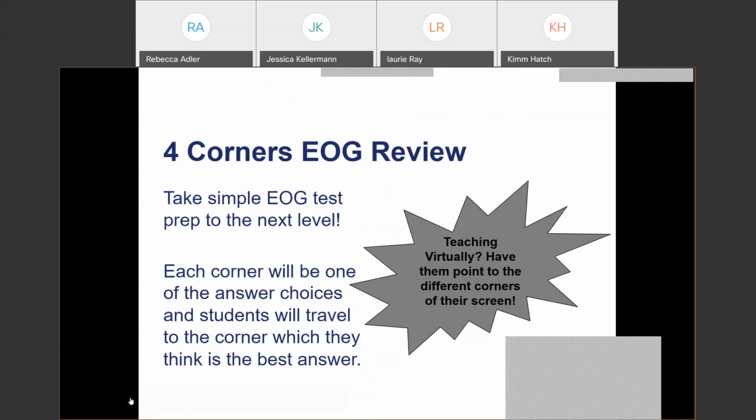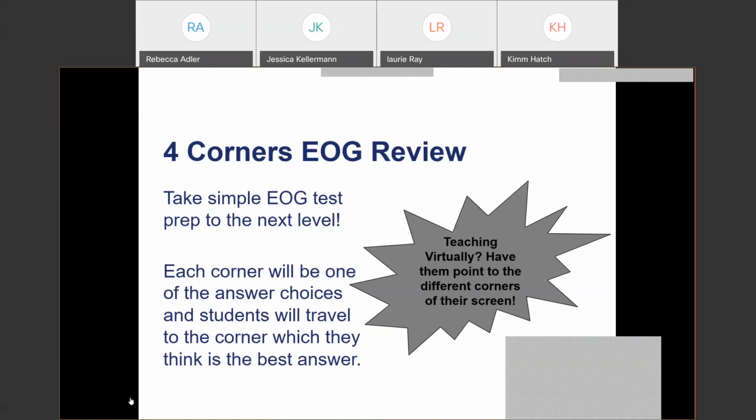Another way for EOG review is I do 4 corners. So I'll take just a simple practice test and post a question on my smartboard or my ClearTouch, and I will say, A is this corner, B, C, and D, and then I say on your mark, get set, go. So they'll go to the corner they believe the answer is.